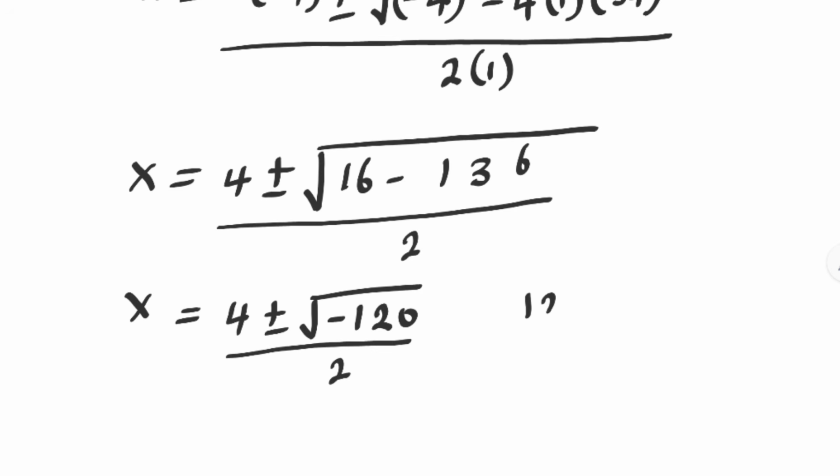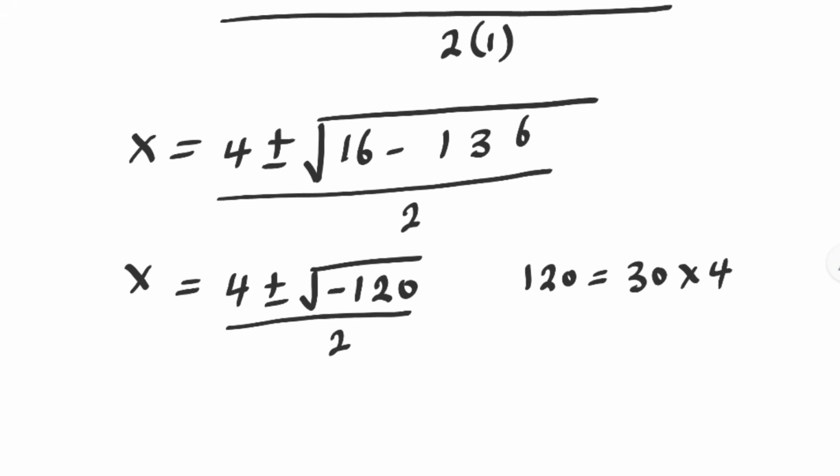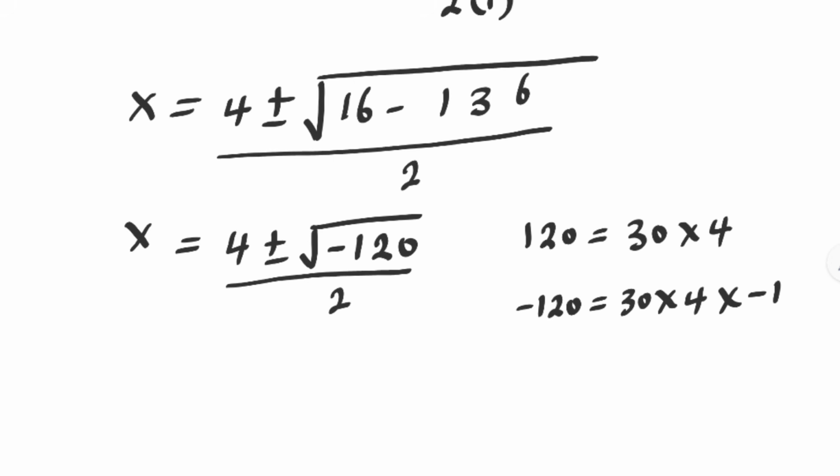Now 120 is equal to 30 multiplied by 4. Then minus 120 is equal to 30 multiplied by 4 multiplied by minus 1. Square root of minus 1 is equal to i.